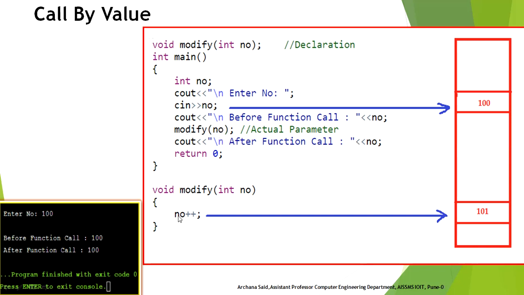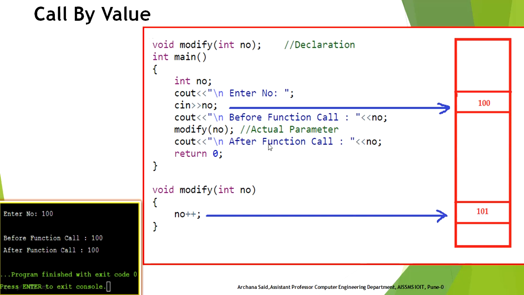Once we come over here, the value gets updated, and as we all know, this NO's scope is local to this function. So this integer NO and that integer NO are in no way related to each other. This NO is limited to the main function and this NO is limited to the modify function. So two different memory locations are there in RAM, and the updated value is present at this location only.